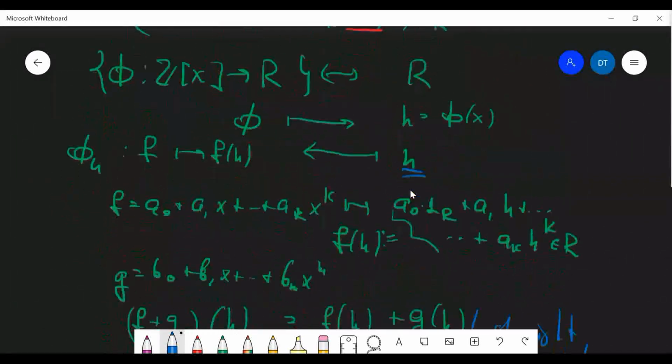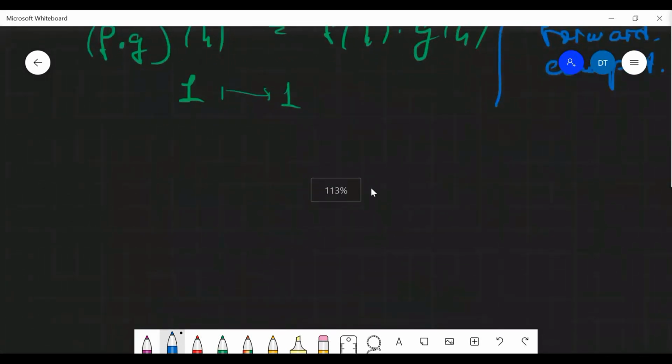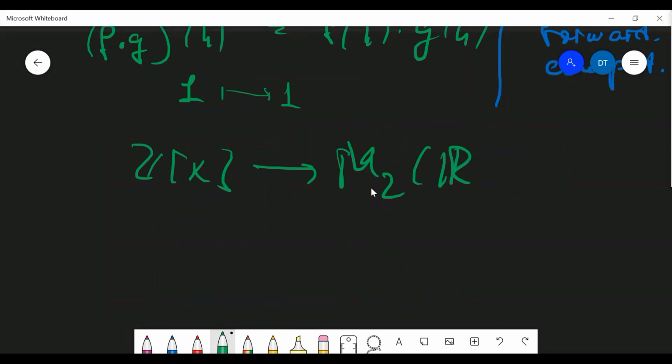So let me summarize what happened here. If you want to produce a homomorphism from Z[x] to any ring, let's say a matrix ring, the only thing you need to do is to fix a matrix A, any matrix, and then take the element x to this matrix.